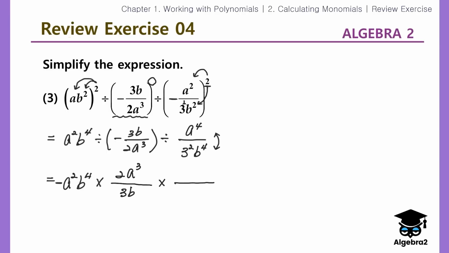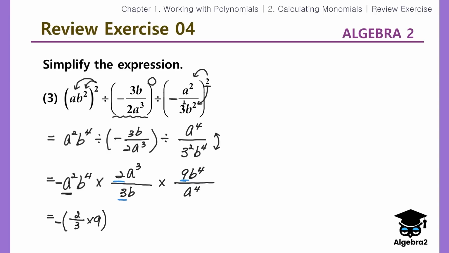So that's going to be 3 squared, 9, b to the 4, a to the 4, right? So we have number 2 over 3 times 9, right?